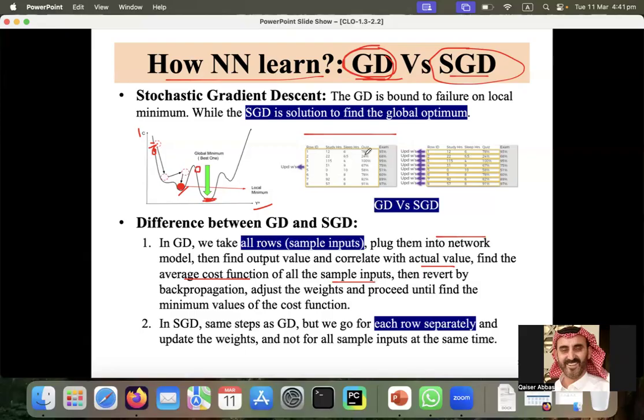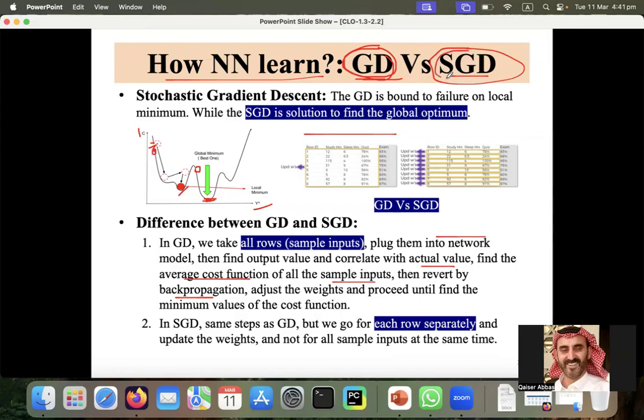And how will it calculate? It will do the back propagation again, if you use gradient descent in a neural network. It will do the back propagation and adjust the weights until you have your minimum value for your loss.